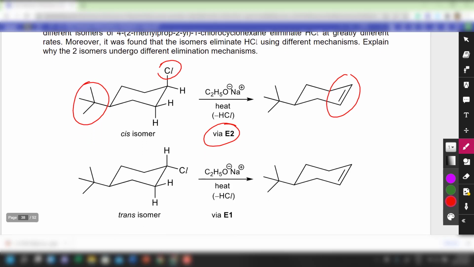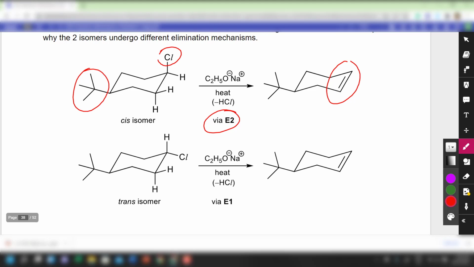Because it undergoes an E1 mechanism, it can still give you the product, because in this case I do not need to undergo a ring flip to have anti-periplanar geometry. The E1 mechanism tends to be a little bit slower because I must have a condition where the C-Cl bond can break.